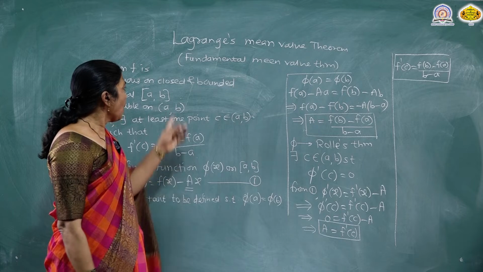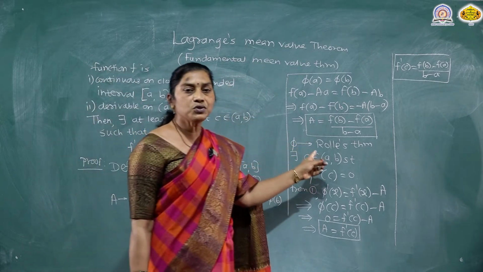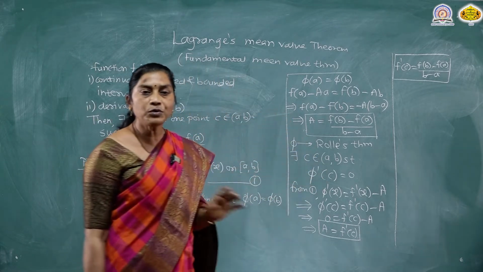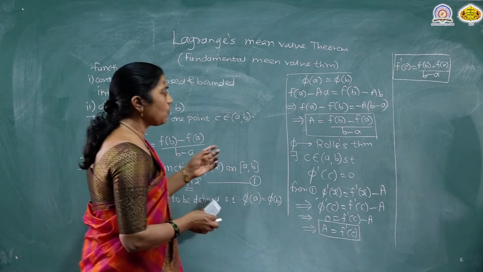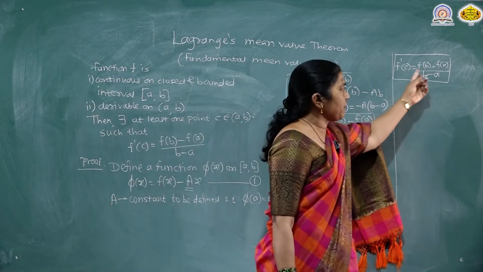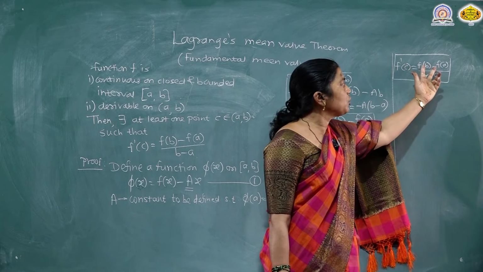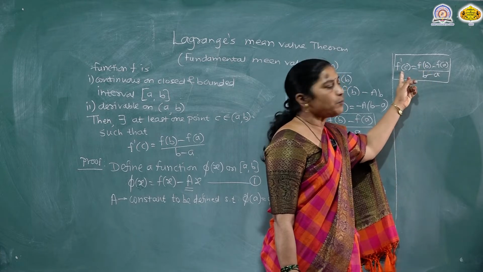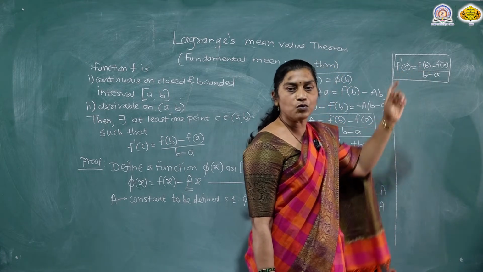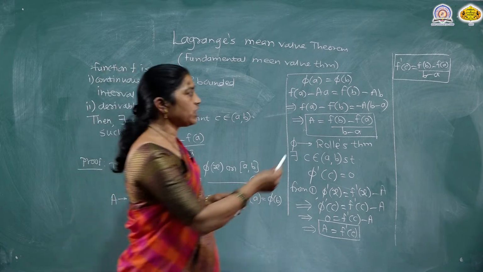So see, for proving this Lagrange's mean value theorem, we have used Rolle's theorem. So it is one of the consequences of Rolle's theorem. Now observe, if you have f(a) is equal to f(b), as in Rolle's theorem, then obviously we have f'(c) is equal to 0. So Rolle's theorem can be obtained from this.